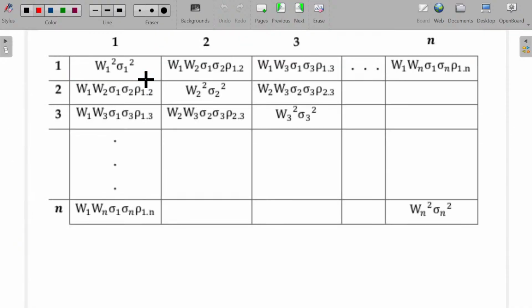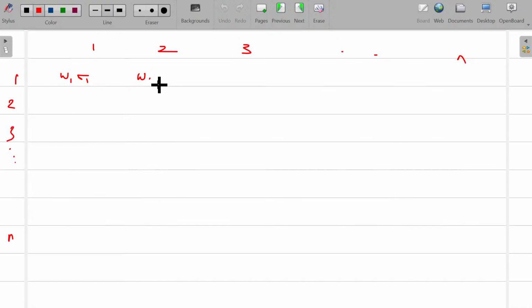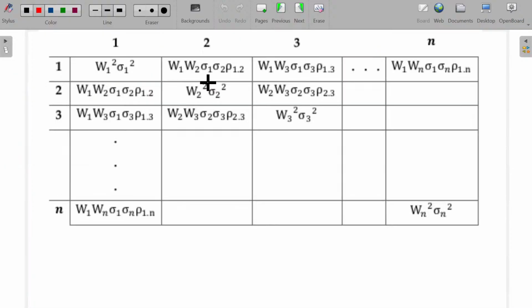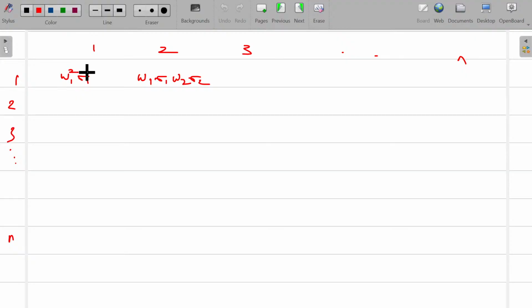Here W1 standard deviation 1, W2 standard deviation 2. In this case, W1 standard deviation 1 square. Here W1 standard deviation 1, W2 standard deviation 2. In this case, W2 square, standard deviation 2 square. Is that okay? Are you able to understand the way of writing?